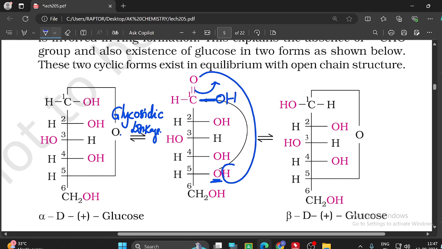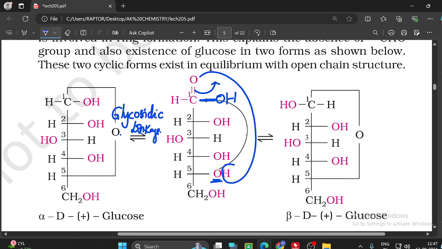Actually here it is not a glycosidic linkage. Listen, 1 minute ma, wait ma. Why I mentioned the glycosidic linkage is that it is formed between glucose and fructose. Glucose and fructose, that only is called glycosidic.